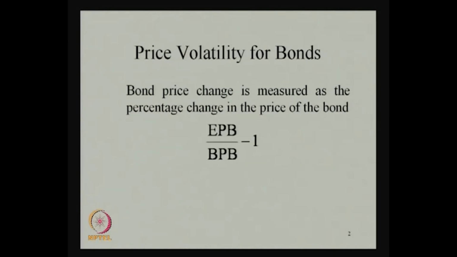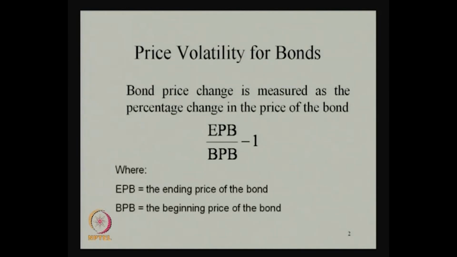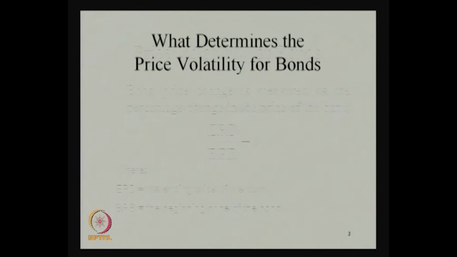It is measured as EPB divided by BPB minus 1, where EPB represents the ending price of the bond and BPB is the beginning price of the bond. So it is the ending price divided by the beginning price minus 1, which gives you the percentage change in the price of the bond for a particular period of time. That is the way the bond price change can be measured.